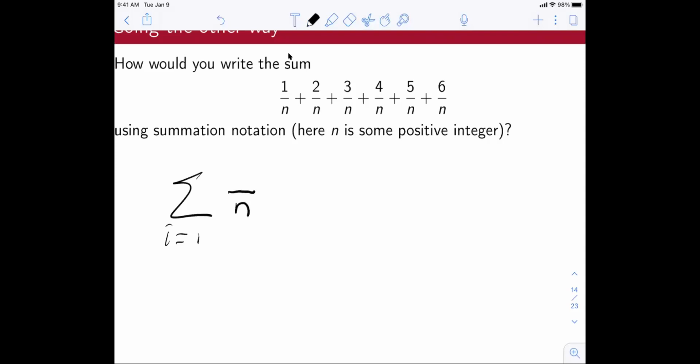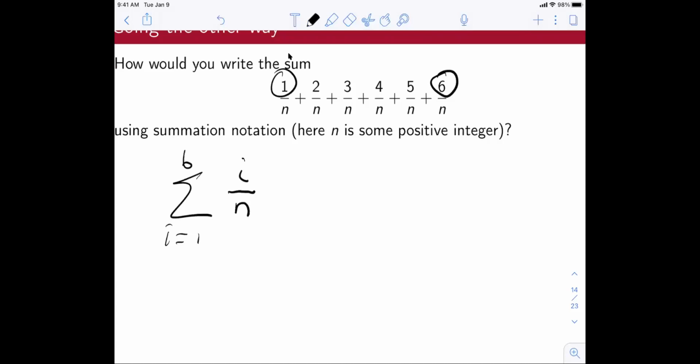So it looks like the top should just be i, if i is starting at 1. And then where should the sum end? 6. 6, very good. The last i that we have here is 6. So i is starting at 1, ending at 6.